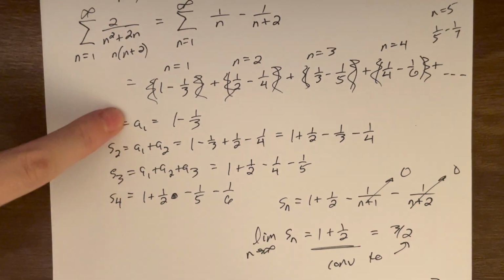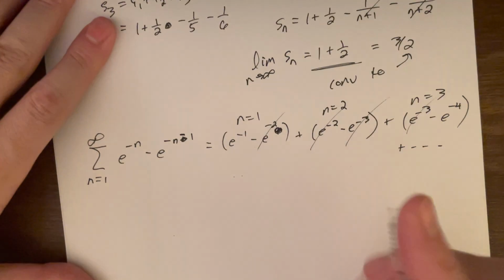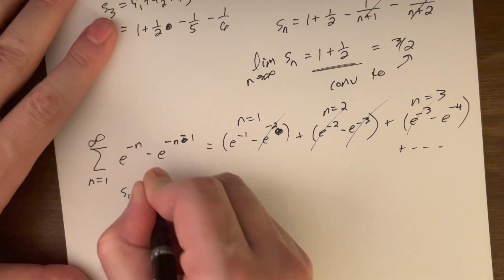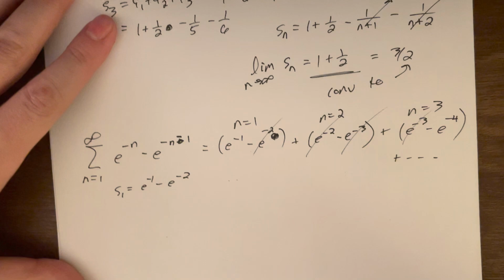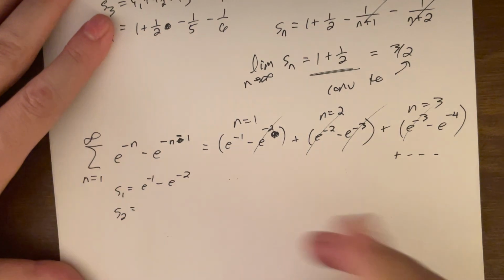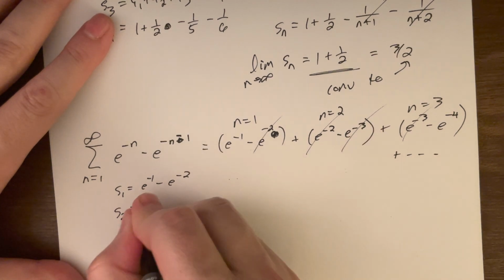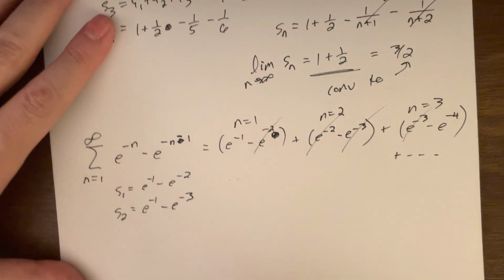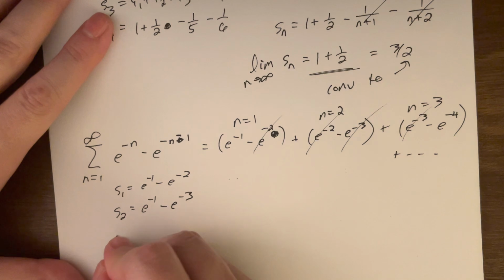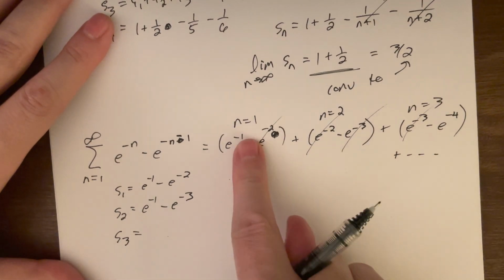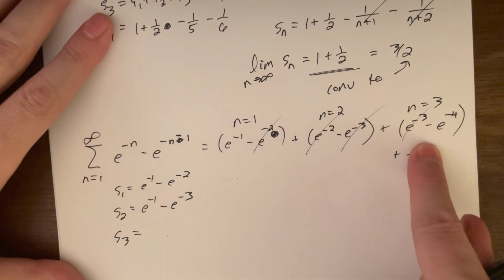We still have to do the Sn work. So I'm going to look at S1 is e to the minus 1 minus e to the minus 2. S2, by the time I've added these, this is already canceled. So I get e to the minus 1 minus e to the minus 3. S3, now that I get to here, these cancel.